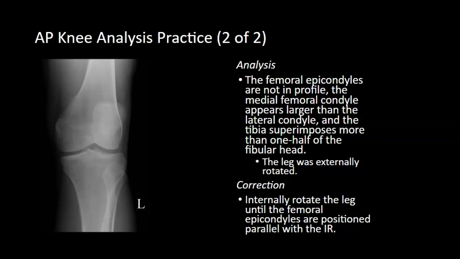In our next AP knee practice analysis, again, you're going to identify if you have all your anatomic structures, which we do. However, we're taking an AP knee projection, so we also need to have an open joint space. And looking at both the medial and lateral aspects of the joint, it is open, so our central ray is good.